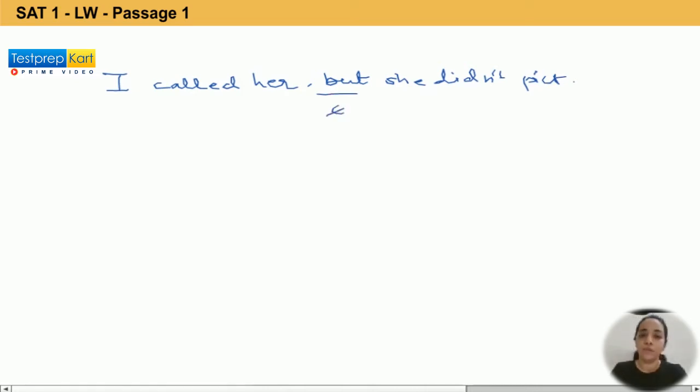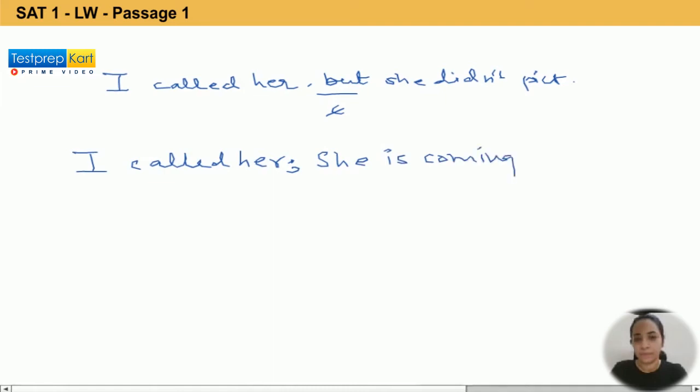Now, when we don't have a contrast, for example, I called her and I want to say she's coming. Now note, this part is independent and this is also independent. We can join two independent clauses with a semicolon or a full stop, right? But when we have a contradiction, then we need these conjunctions.